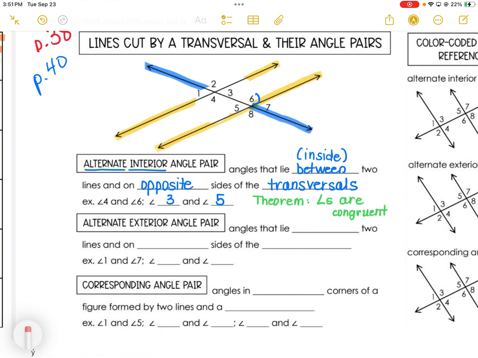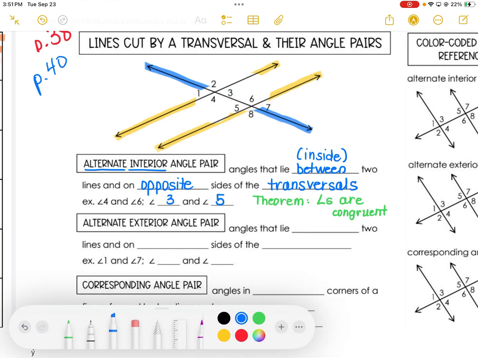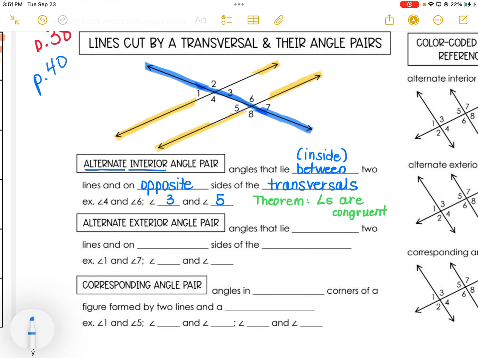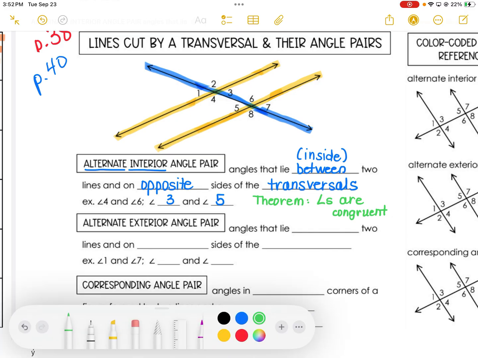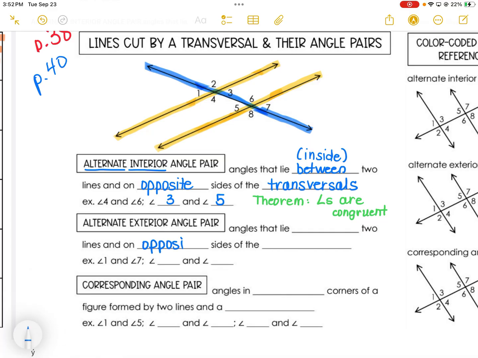All right, let me clean up up here. Let me put these back in. I'm not going to mark them up so much for the next ones. Alternate exterior. I'm going to jump around this definition. They're alternate still, so they're on opposite sides of the blue line, but they are going to be outside the two parallel lines, outside the yellow lines, but opposite sides of the transversal.